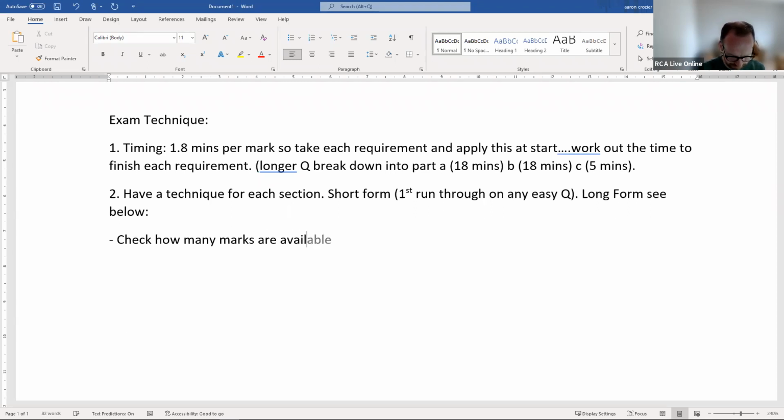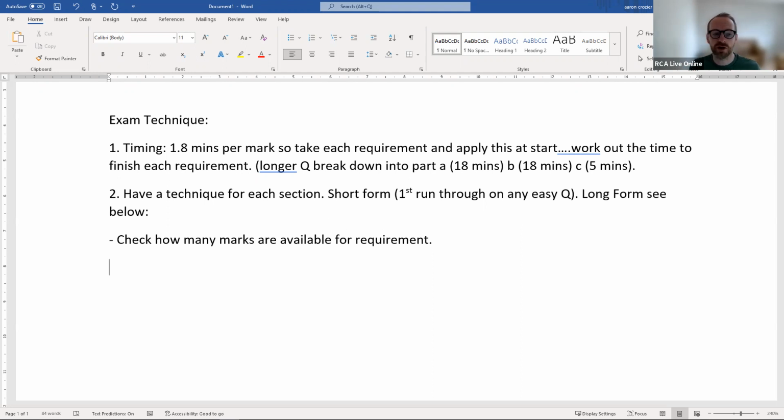Check how many marks are available for the requirement. First port of call is don't even read the scenario. You just go to the requirement and you go, right, this requirement requires me to do this, and there are 8 marks available for it.